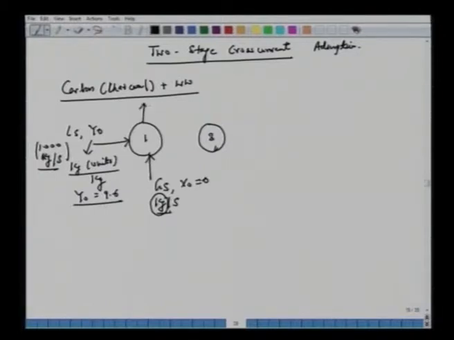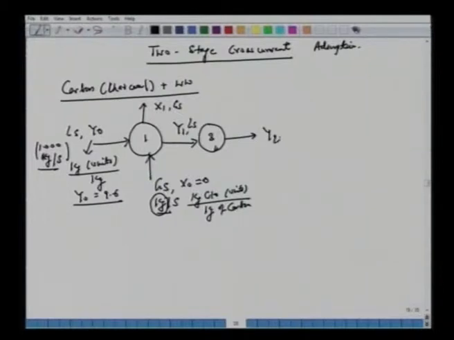After treatment, this concentration is now Y1, kg color or certain units per kg of carbon. So after treatment we have this X1, this GS will remain the same, similarly Ls will remain the same, and here we have this Y2.